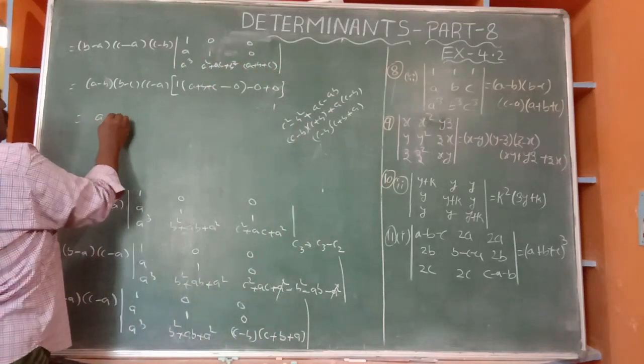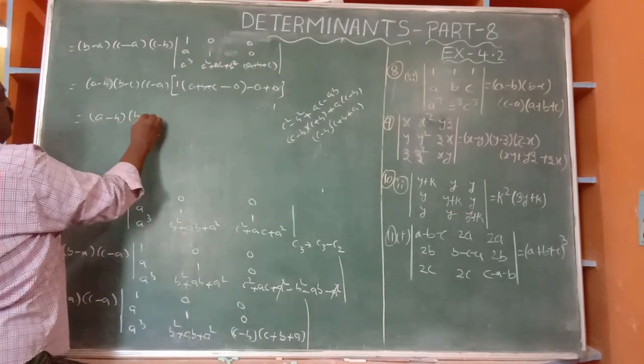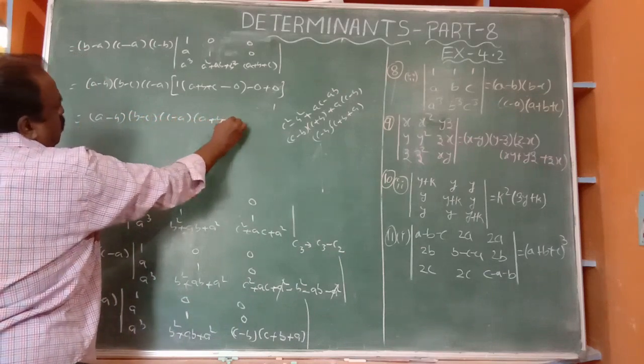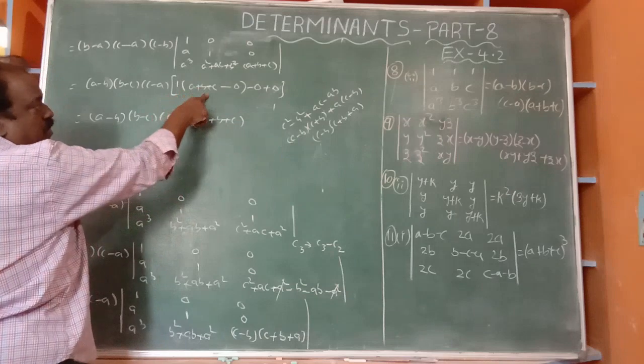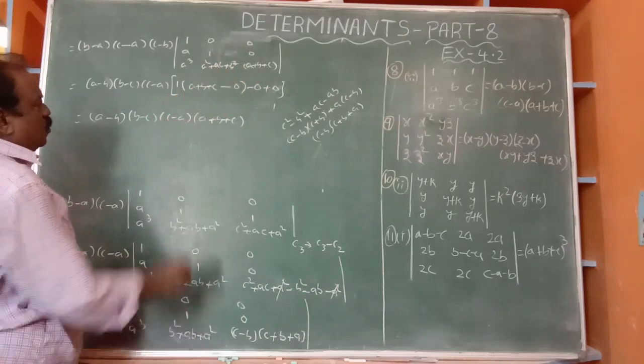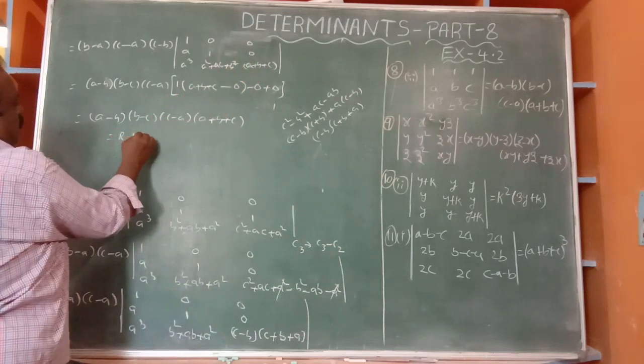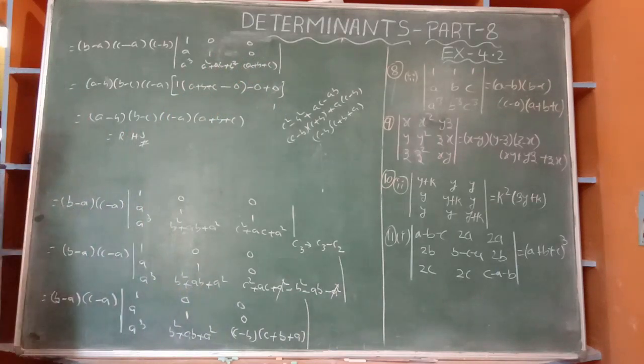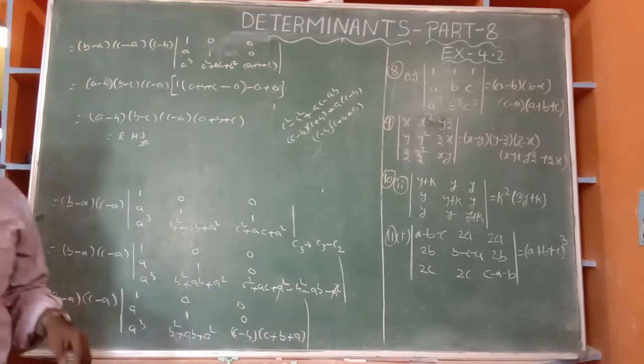Now it is (a minus b)(b minus c)(c minus a) into (a plus b plus c). 1 into a plus b plus c is 1. Those are zeros. So it is the RHS. Like that we have to follow it one or two times.